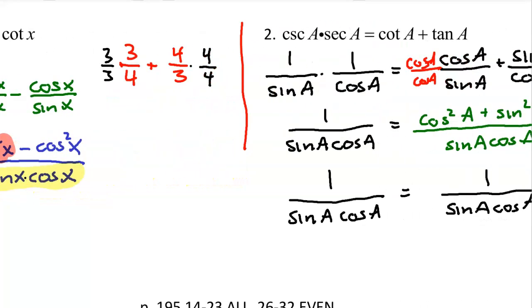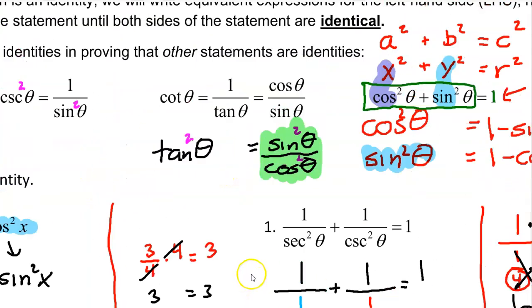So sine squared, as we know, right here, equals 1 minus cosine squared. Right? Which is good news. So that I can substitute in for sine squared.